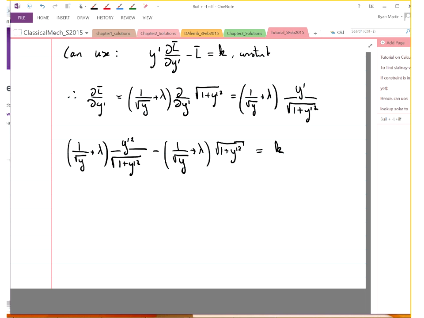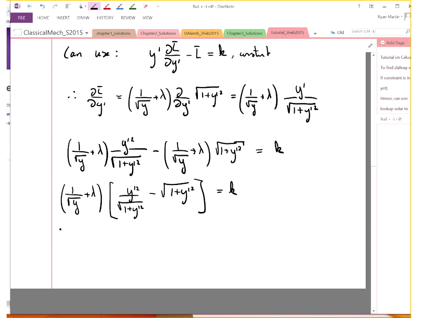Okay, so now we do the same math as before, basically. So let me factor out the 1 over square root of y plus lambda, since both terms have it. And then in the middle, I'm left with y prime squared over the square root of 1 plus y prime squared minus square root of 1 plus y prime squared.